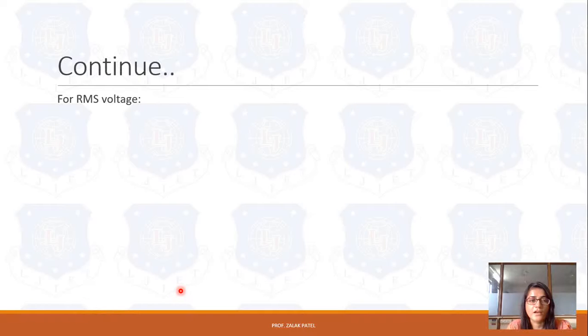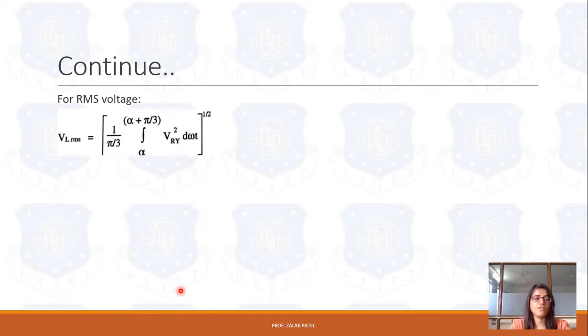Alpha is the firing angle. Now for RMS voltage, RMS means root mean square voltage. So for root mean square voltage, we have to apply the equation of 1 upon pi by 3 as it is. Again the limit is as it is, alpha to alpha plus pi by 3, but here Vry square is taken, so Vry square d omega t raised to 1 by 2 for the root mean square value.